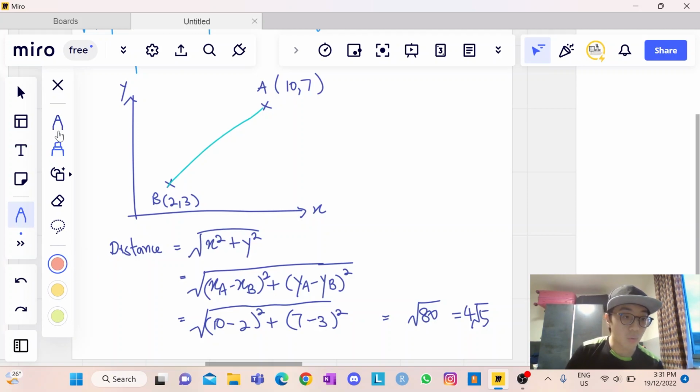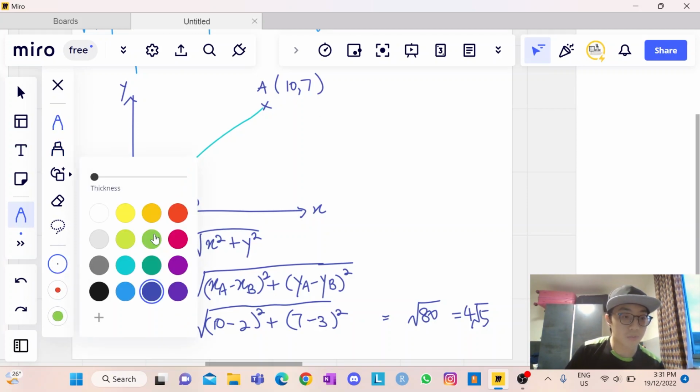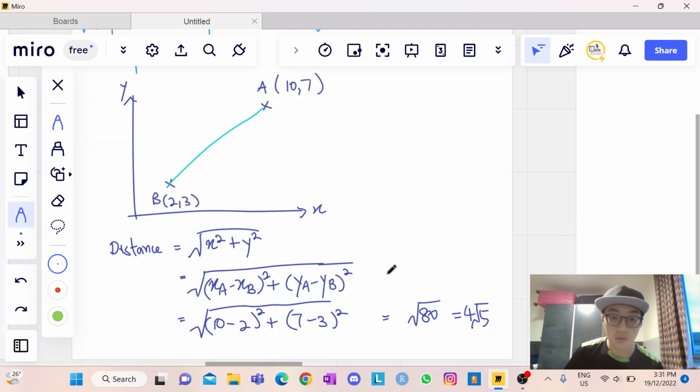You probably just need to know this formula right here. It's not hard to memorize actually. It's just remember the Pythagoras theorem and make the a and b to x and y's. Then it will just be the difference in between the first point and the second point of x, and goes the same to the y. You do everything into the formula, then you get your answer. Easy marks. All right, so next thing we'll be looking at midpoint.